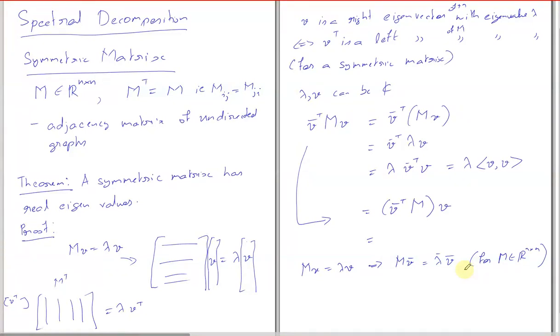I didn't quite understand how this came out. Okay. So I can take the conjugate on both sides. So what do you mean by the conjugate of a matrix? You take the conjugate of every entry in the matrix. The conjugate of a vector, you take the conjugate of every entry in the vector.